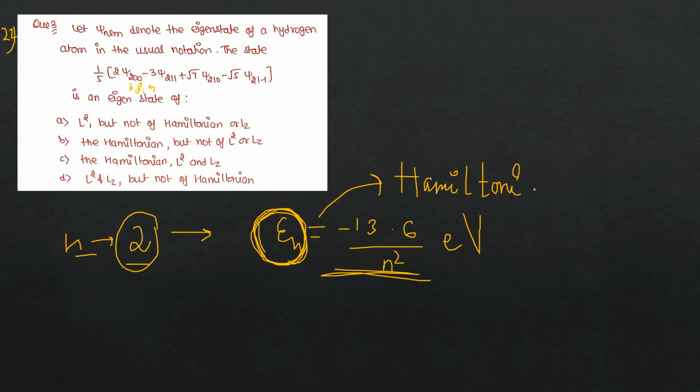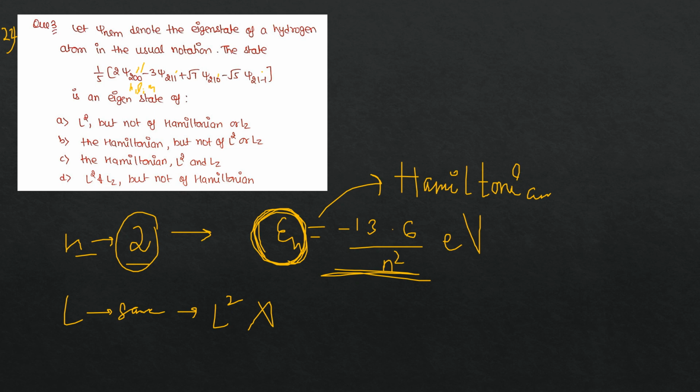Now next is, if L value is same, we will be able to say this is the eigenstate of L square. But see, is L same everywhere? L is 0 here, 1 here, 1 here, 1 here. No, L value is not same, so this is not an eigenstate of L square. Now M value, this is 0, this is 1, this is 0, this is minus 1.